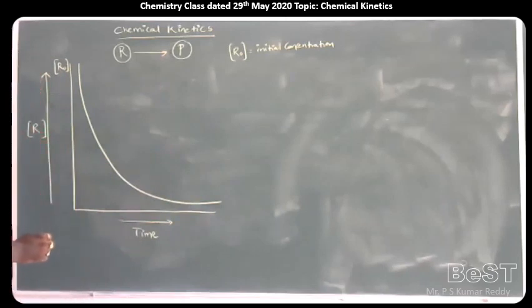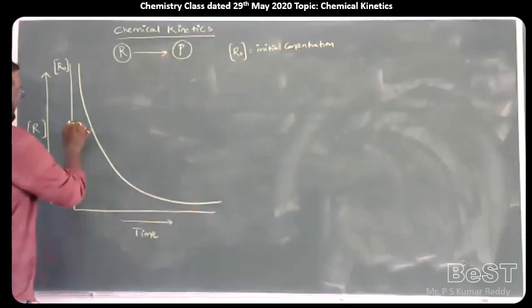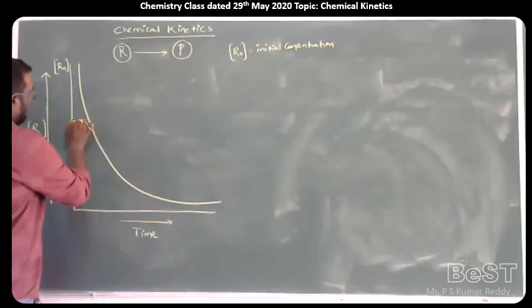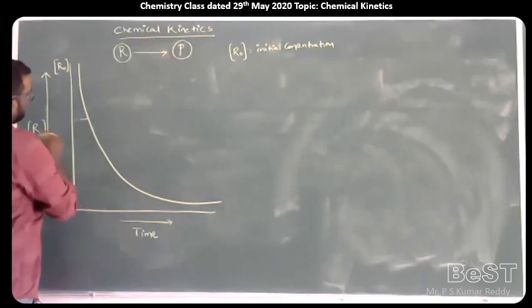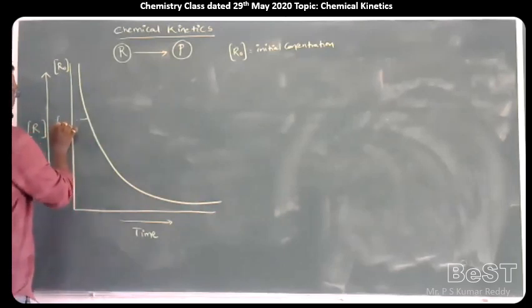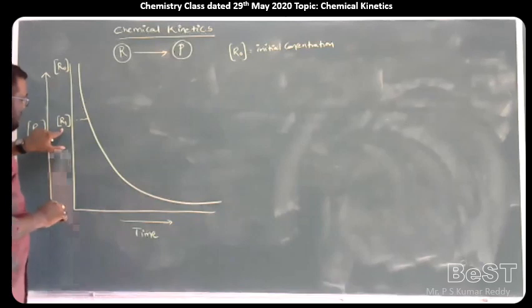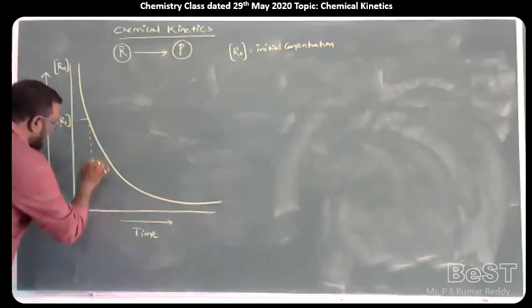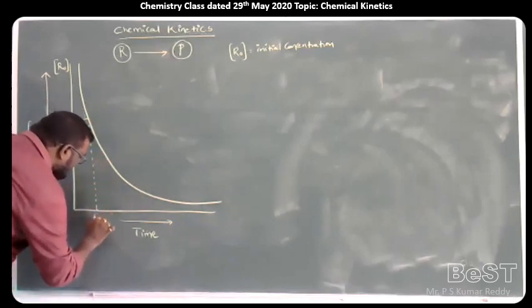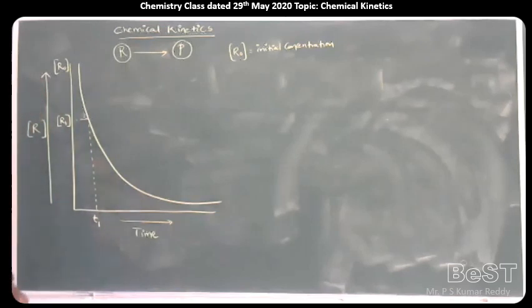Now, let us think that this is the point I am taking as the initial concentration. This is the concentration of the reactant at T1 time. When the time is T1, the concentration of the reactant is R1.